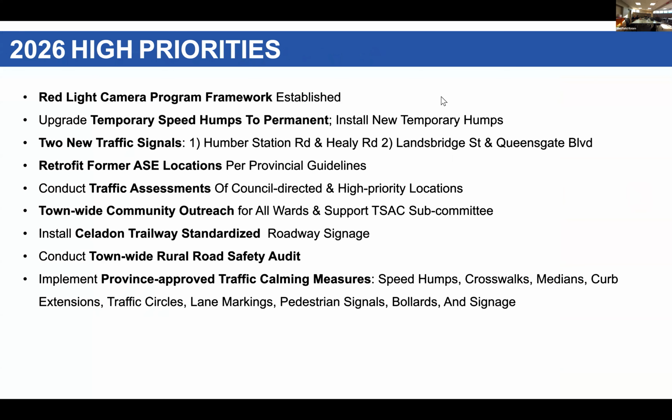Moving on to 2026, there are a number of priorities planned for our work program that staff is working on. These include, but are not limited to, converting temporary speed hump locations to permanent, installing new temporary speed humps at priority locations that were identified last year, and implementing other planned traffic calming measures across the town, including 2 new traffic signals at Humber Station and Healy Road, as well as 1 at Lance Bridge and Queens Gate.